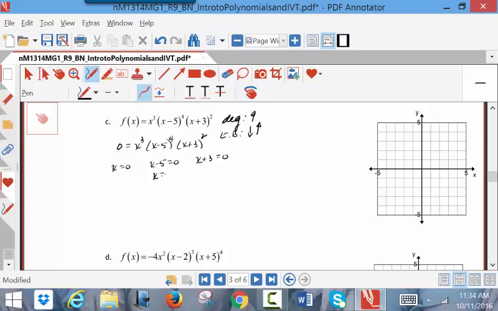So I get a 5 and a negative 3. So I have the origin, the x-intercept of 5, 0, and the x-intercept of negative 3, 0.